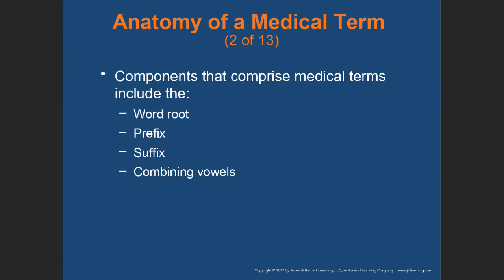The components that comprise medical terms include the word root, the prefix, which is at the beginning of the word, the suffix, which is at the end, and the combining vowel, which is often used to combine two word roots, or it is present for easy pronunciation of the word.